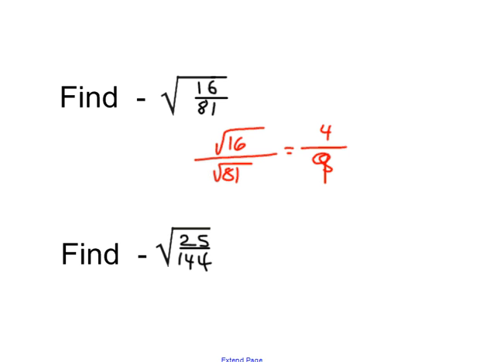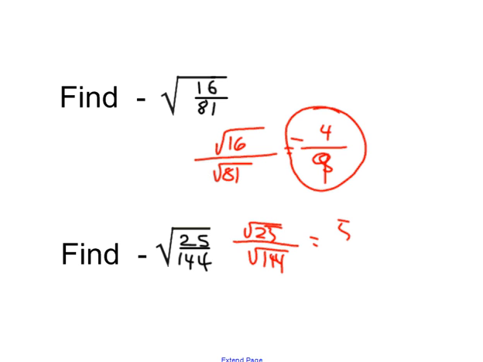So I believe my answer would be negative 4 ninths. Looking at this one, the square root of 25 over the square root of 144 is equal to 5 over 12, and of course it's negative, so it's negative 5 twelfths.